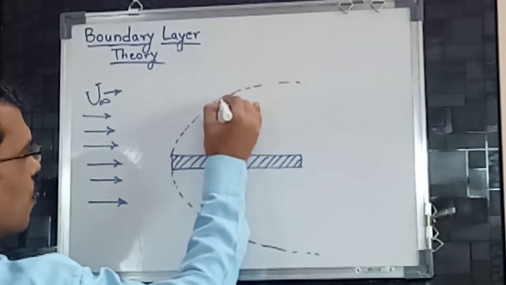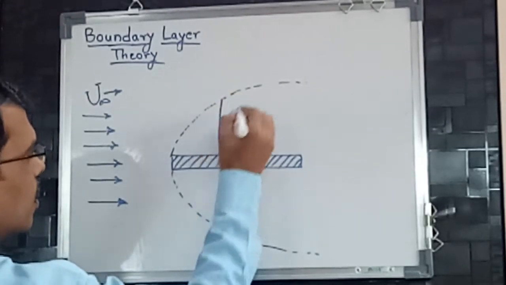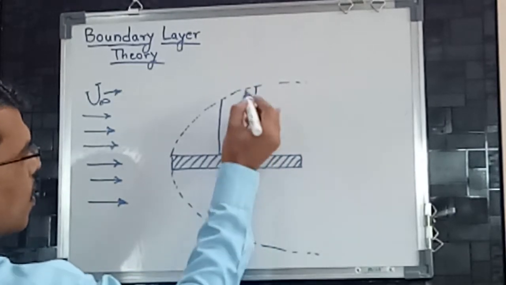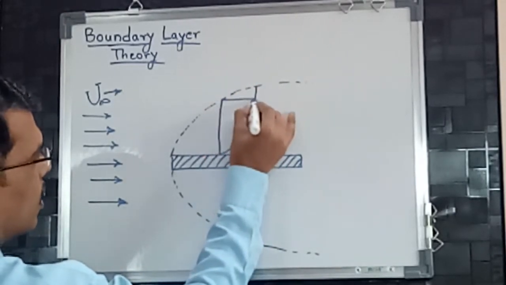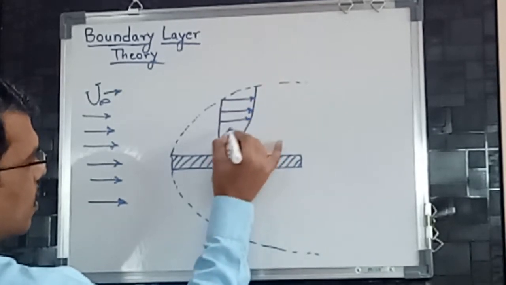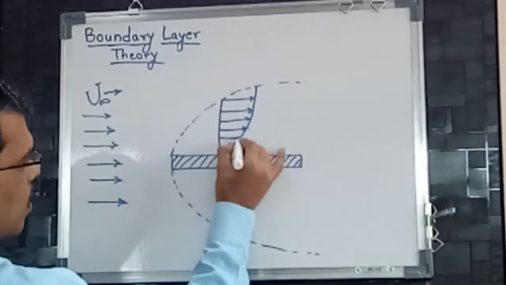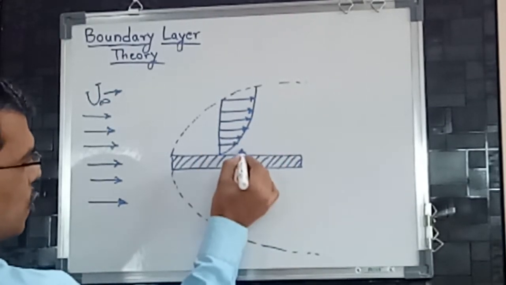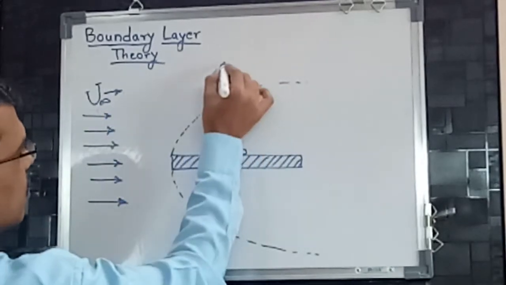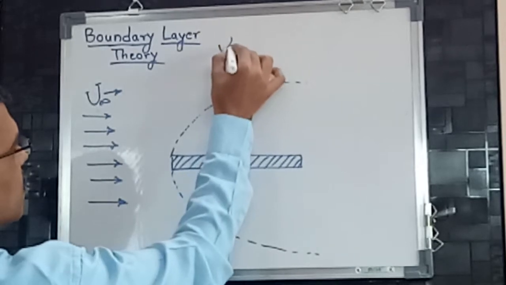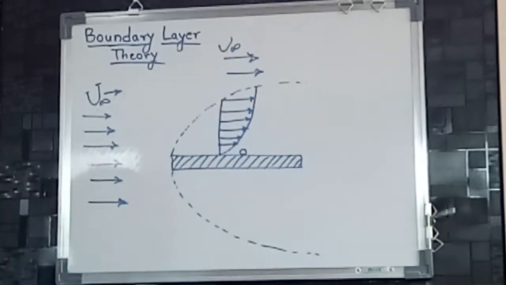Here this is one profile. I will do it like this. This is the local velocity. At this particular point it is 0. This is the velocity infinity, it means the free stream velocity.